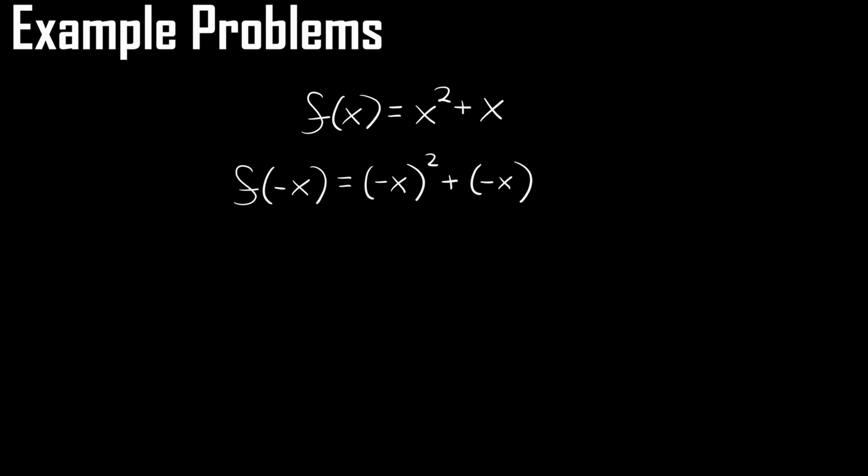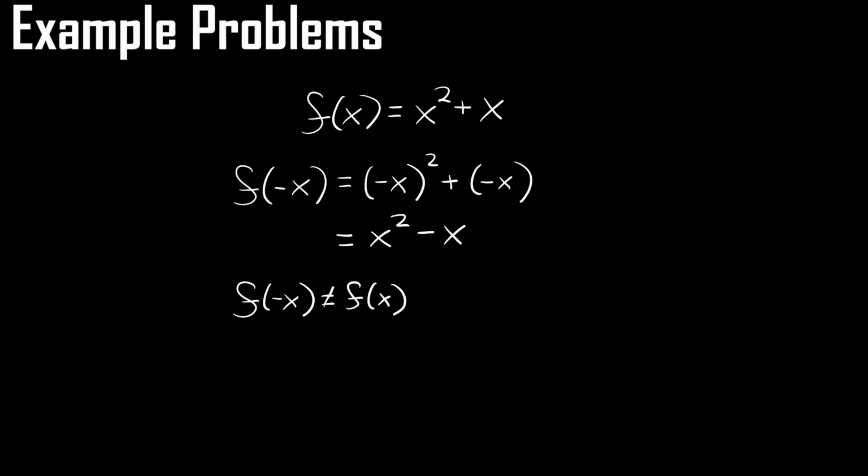When we simplify this, we're going to get x squared minus x. Now, this does not match our original function. So f of negative x does not equal f of x.